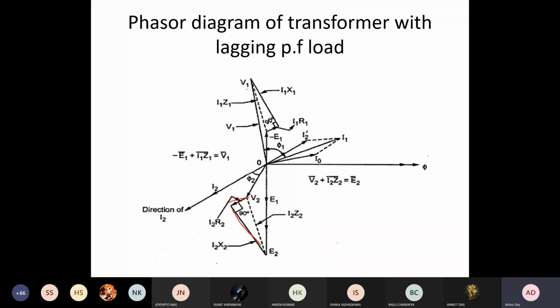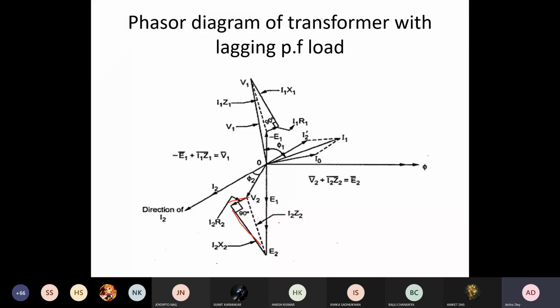So this is how we should draw the phasor diagram. We should start from E1 and E2 the way I have shown, and then add V2 and the drop to get E2. Because we don't know the exact parameter values, we have to adjust in this way when we give a rough sketch of the phasor diagram.